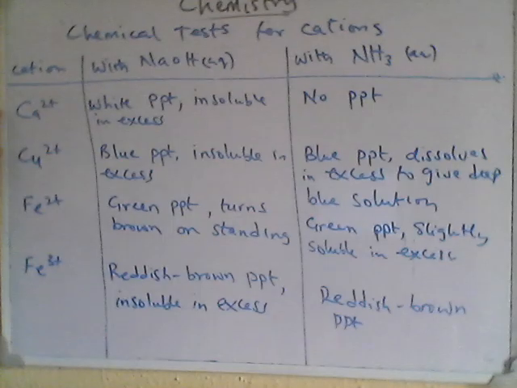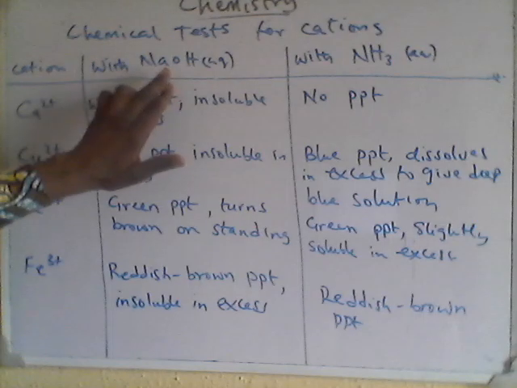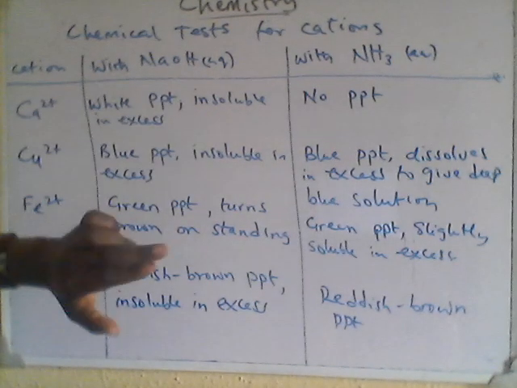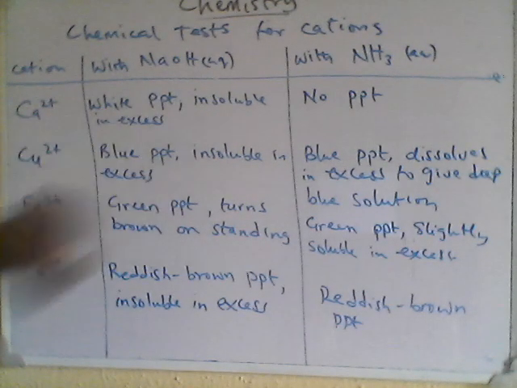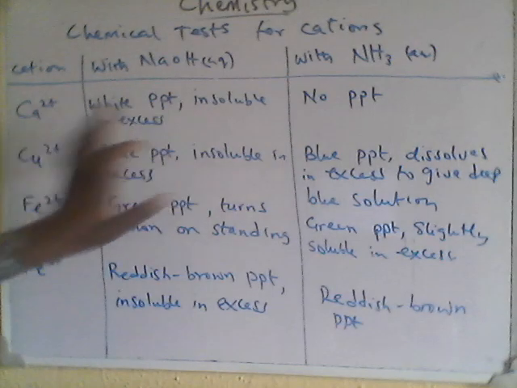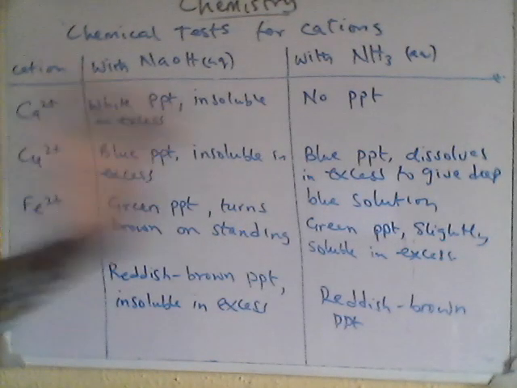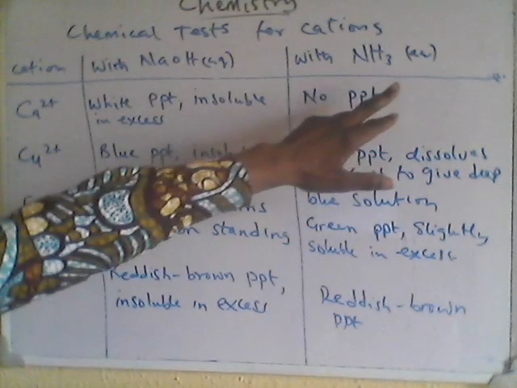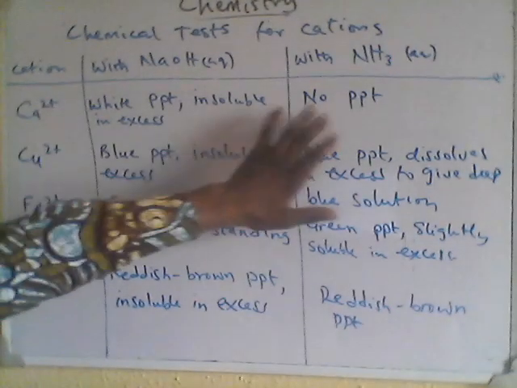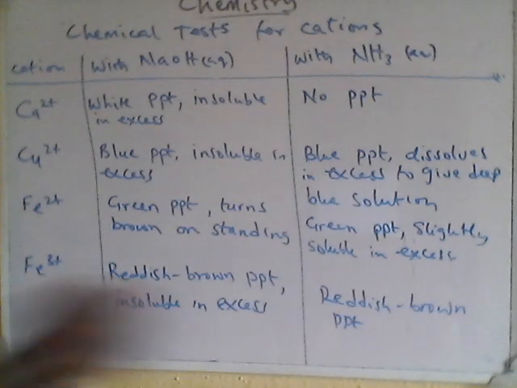If I have a calcium ion, you see that with sodium hydroxide, there is a white PPT observed, which is insoluble in excess aqueous solution. For aqueous ammonia, if you put it there, no PPT, no precipitate, no solid comes out.